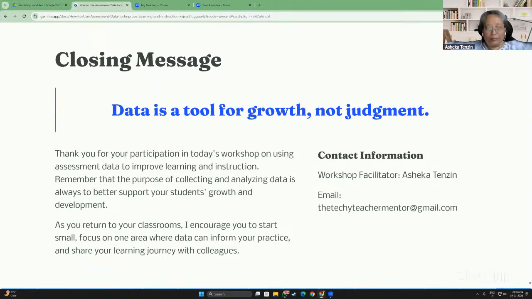You don't need to do everything. Focus on one area where you can use the data to inform your practice and make that small change. As you make these changes, you will see definite progress in your student work and student performance.